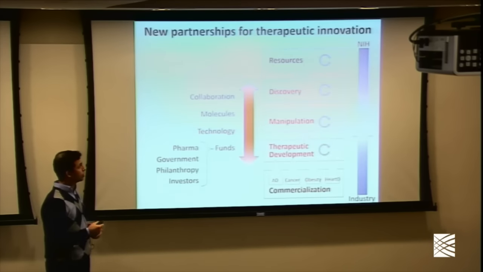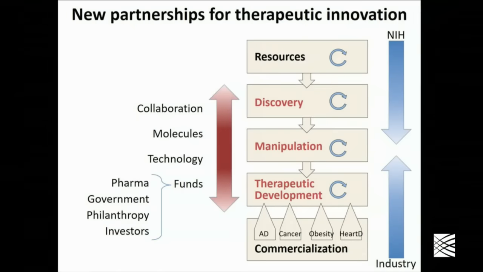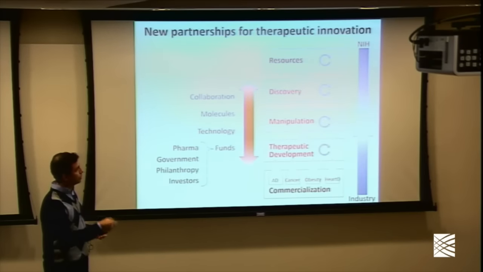So this calls for a completely new model of interaction between the pharmaceutical industry, academia, and government, transitioning from this resource building and discovery, which has traditionally been the domain of NIH, to this commercialization and therapeutic development that has traditionally been the domain of industry, to an intermediate level of a loop between discovery, manipulation, and therapeutic development.